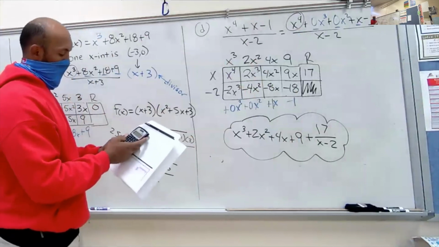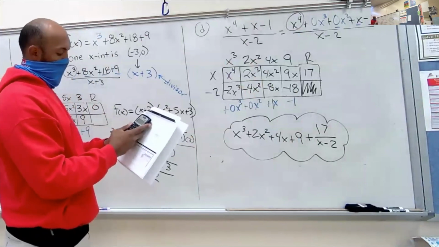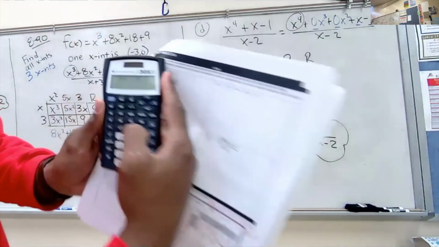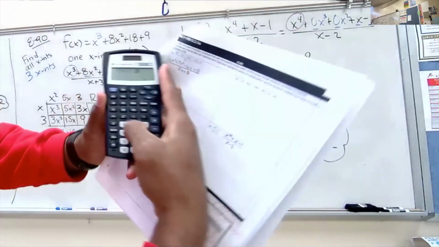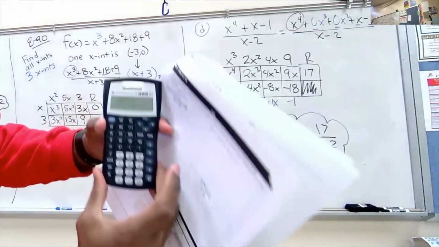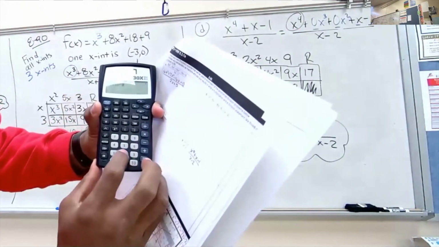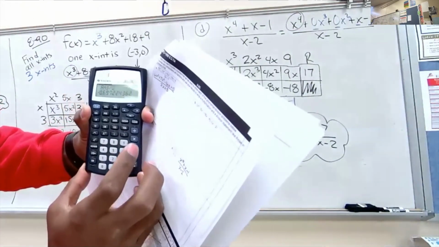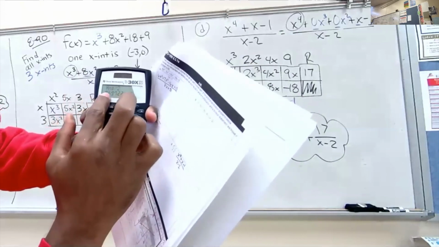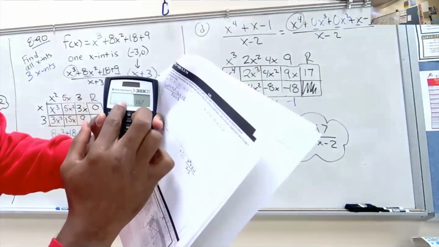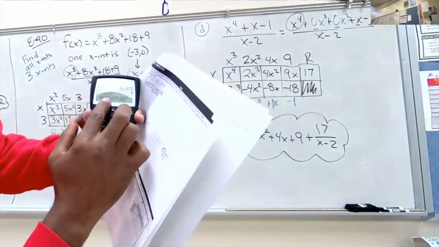-5 plus the square root of 13. I don't know if you guys can see it. Okay, then equals. All right, then I have to divide by 2. All right, and I get -0.69. So I'm just going to round it to the nearest tenth, so -0.7.